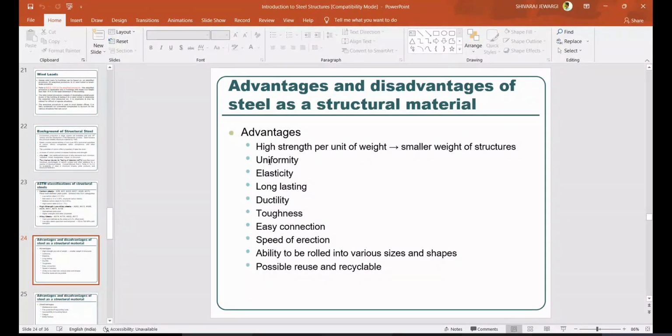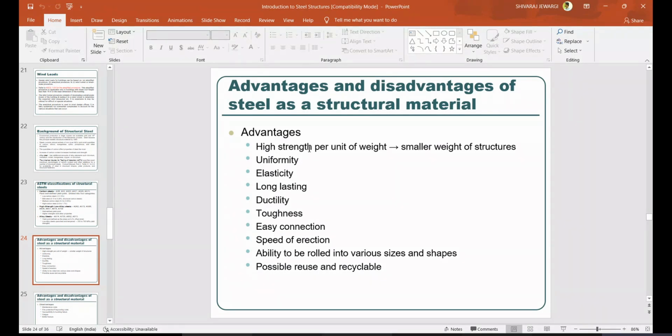This property makes steel a very attractive structural material for multi-story buildings and long span bridges, right? So it has one advantage: the load carrying capacity is high, while simultaneously the dead weight of the material is less. This is one of the most important advantages of steel structures.